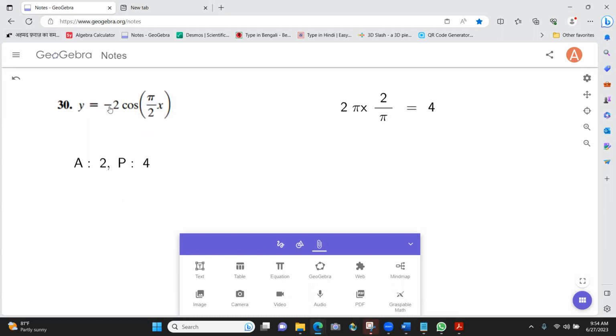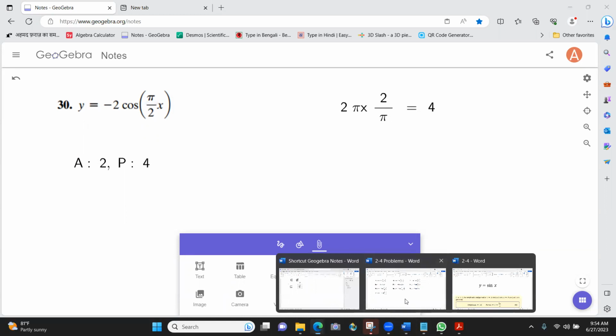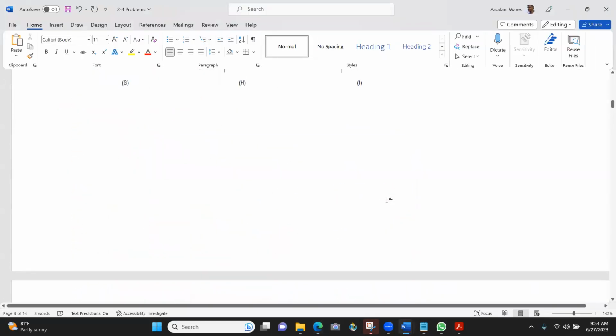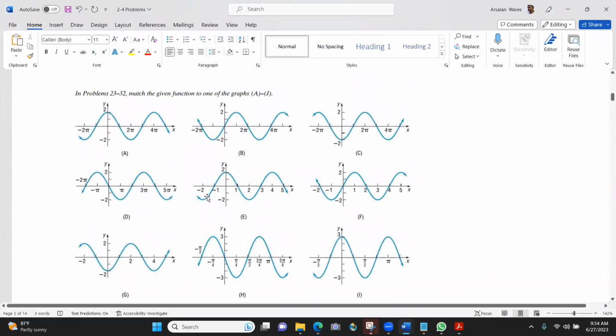What does the negative sign do? Negative sign is top to bottom, bottom becomes top, top becomes bottom, like I said 2 seconds ago. So let's go hunt for that. It's going to be like this, 2 and 4, but it will be flipped. So let's look for 2 and 4 flipped.